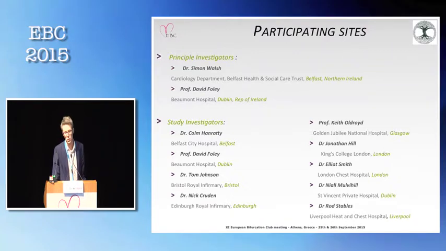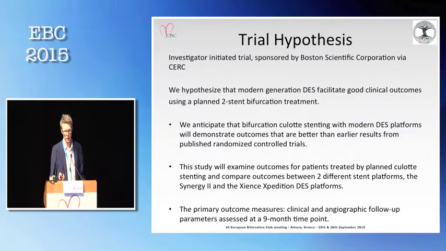The primary outcome measures were composite, angio control at 9 months, and the clinical parameters mentioned before. This, of course, was conceived and designed whilst the EBC 2 study was enrolling. So, of course, we now have the preliminary results of EBC at EuroPCR.